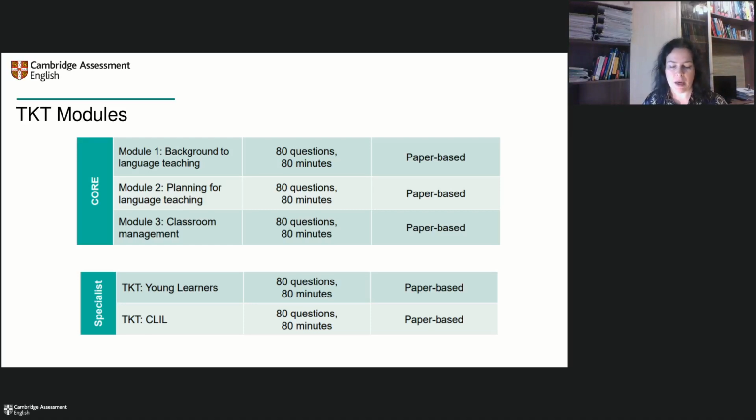Remember, we talked about the framework for professional development, and there is a whole range of areas you can work on, depending on your needs, depending on your level of proficiency, right?